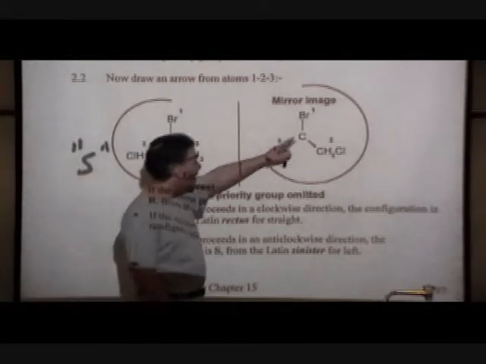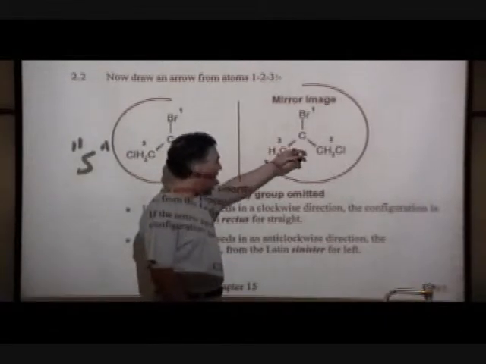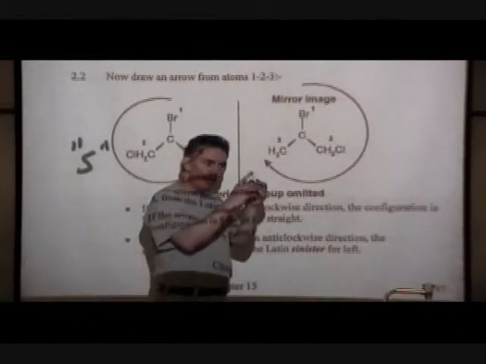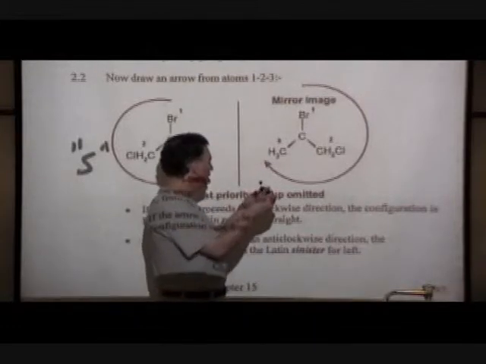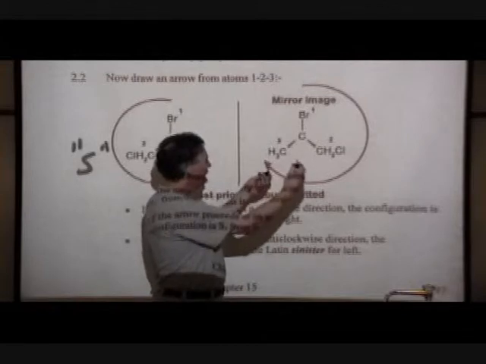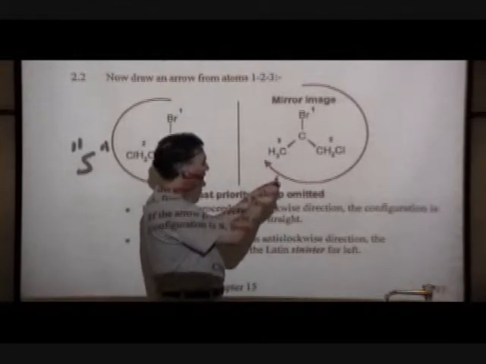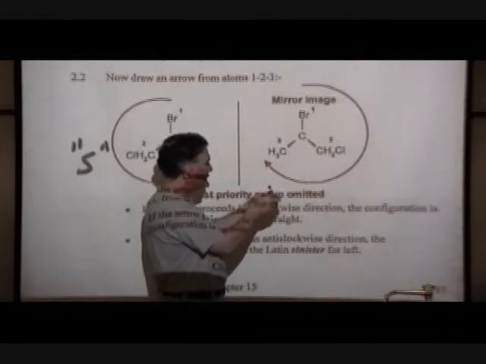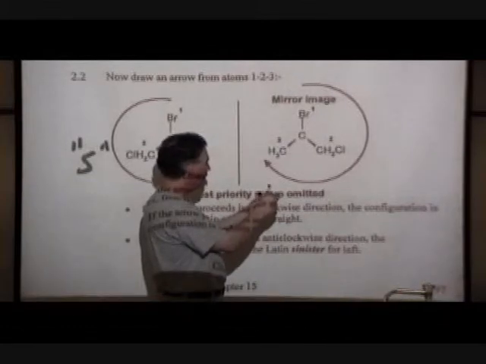Again, with that lowest priority group, the hydrogen, tucked to the back of the molecule, we can look at the mirror image just by moving the carbon chlorine groups and the methyl groups around. So switch them on your molecule.